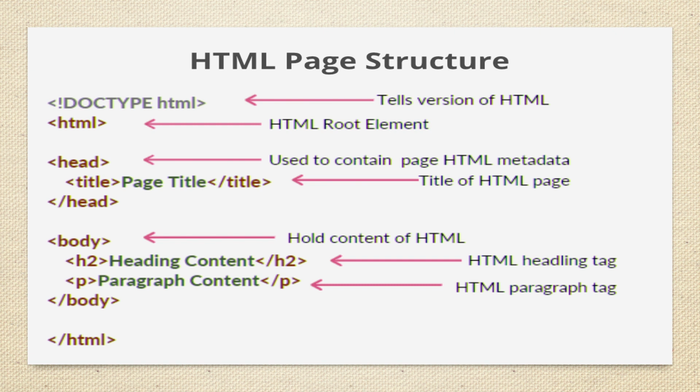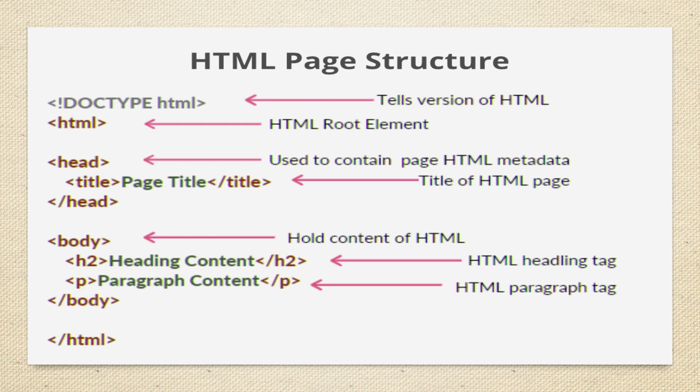The html element can also be called the root element. It is written in the form of a tag. In the third line, a head is introduced, used to contain page metadata, and inside the head a title is used. So with the example, I'll make you understand what is HTML, what is head, and what is title.